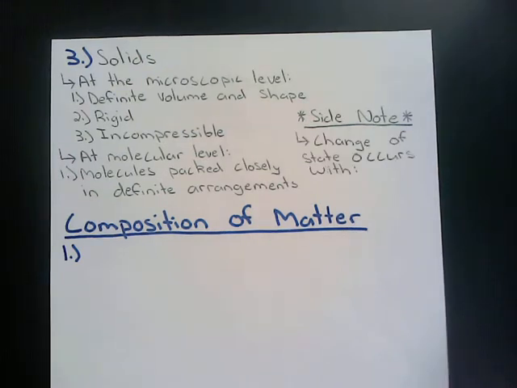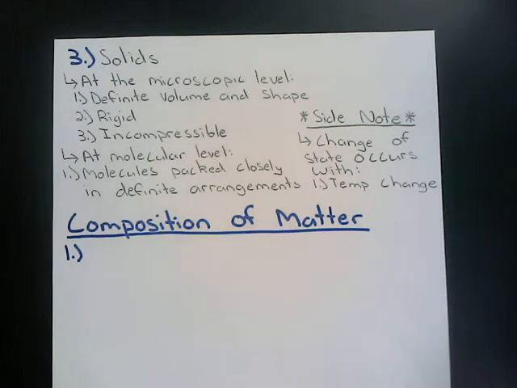The first of these changes that allows states of matter to go from one state to another is temperature change. And this is really simple to think about. If you take an ice tray and you fill it up with water, which is the liquid state of matter, and you put it into the freezer, well, it freezes, and because the temperature lowered, the state of matter now transitioned to a solid ice cube that you have.